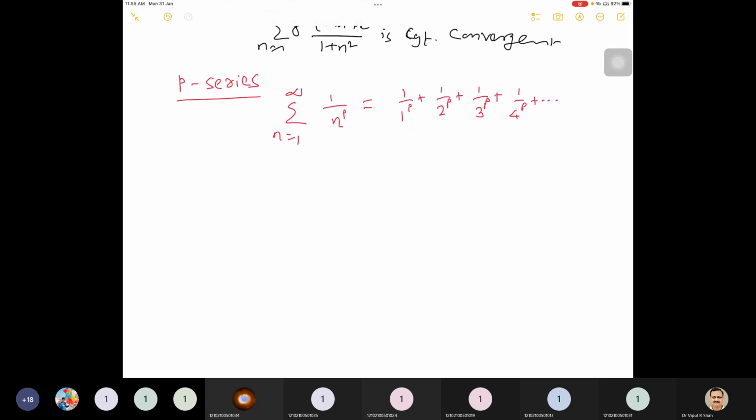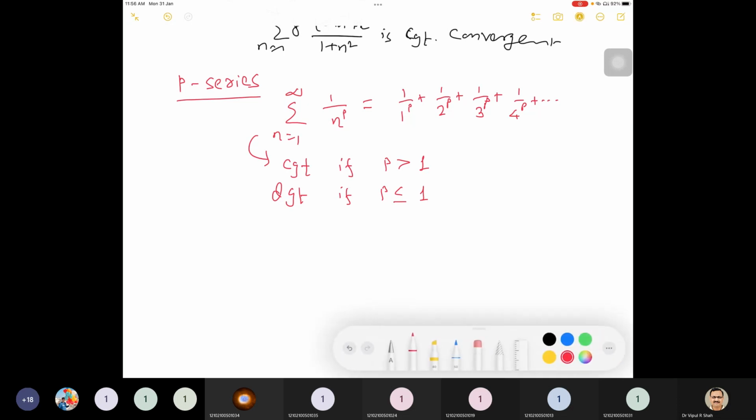This P series is convergent if p is greater than 1, and divergent if p is less than or equal to 1. That you need to remember.